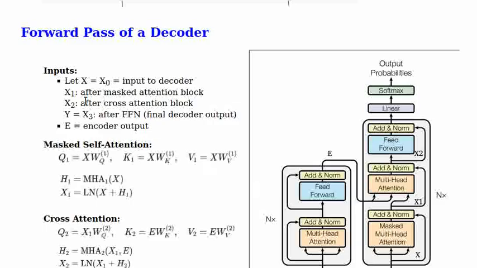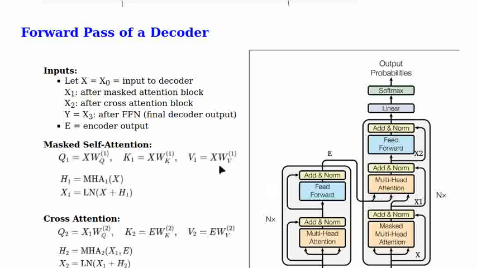X1 is after this first block, and X2 is after the second block, or the cross attention block. The final output is Y, or X3, after the feedforward network. And E is the encoder output, or the input to the cross multi-head attention.